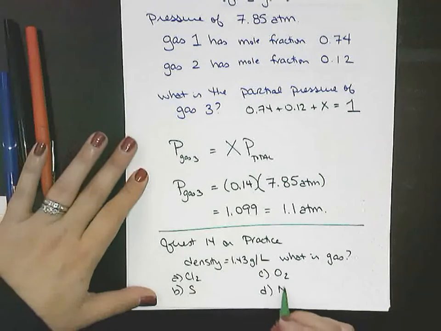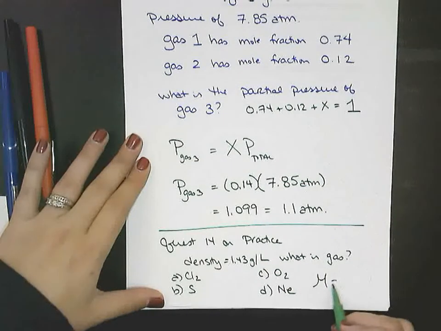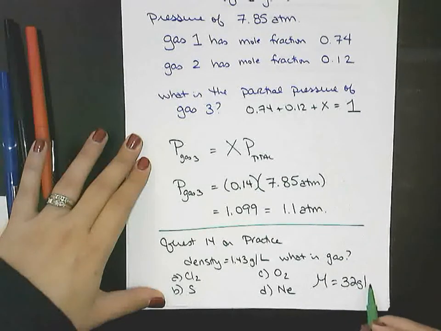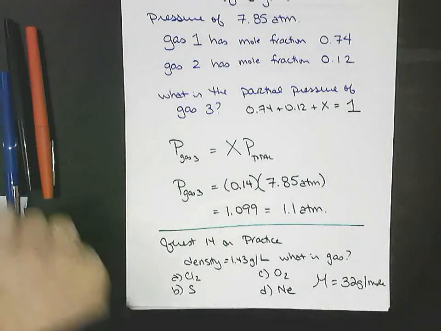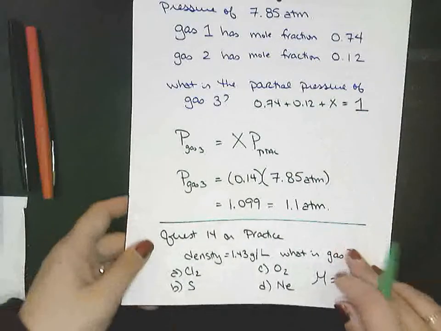All right. So if you solve this, you would get to the molar mass is right around 32 grams per mole. That's a different question. You want me to do that first? Okay. All right.